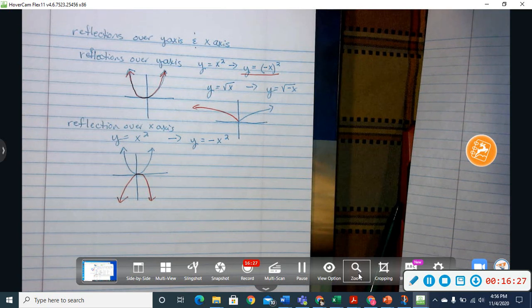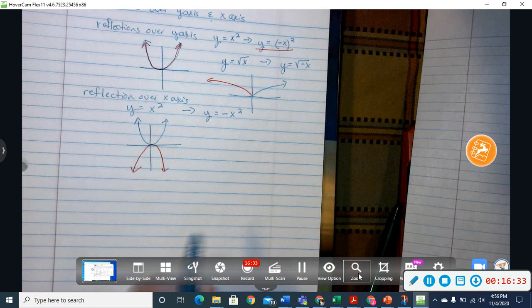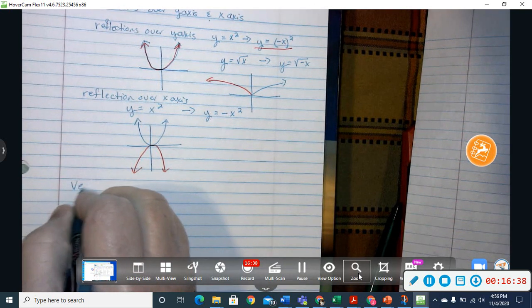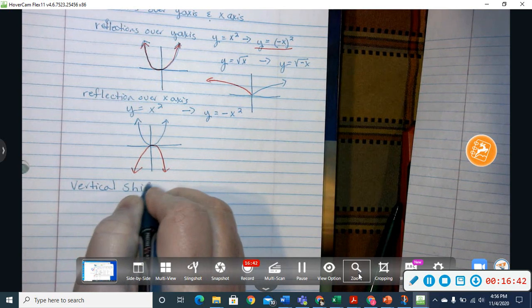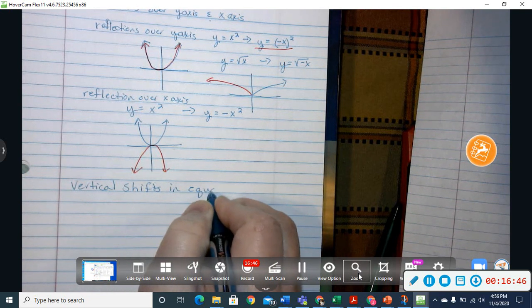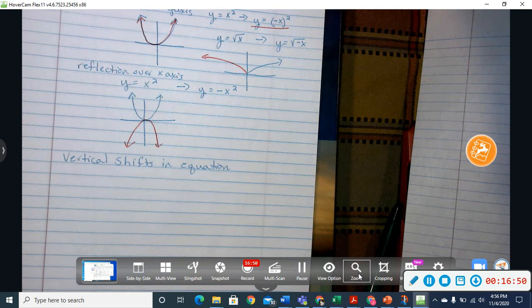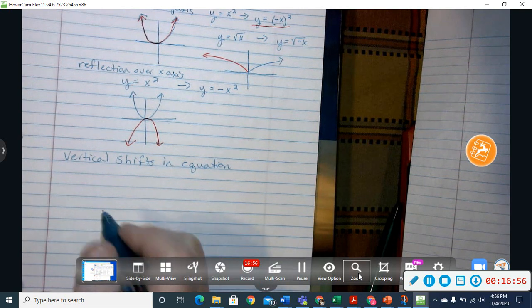The next type of transformation that we want to look at is how the vertical shift changes the equation. We looked at how it changed the vertex, but now we want to look at how it changes the equation.